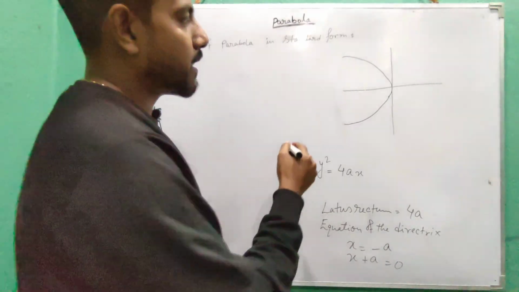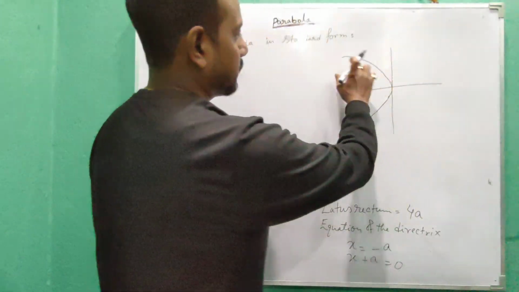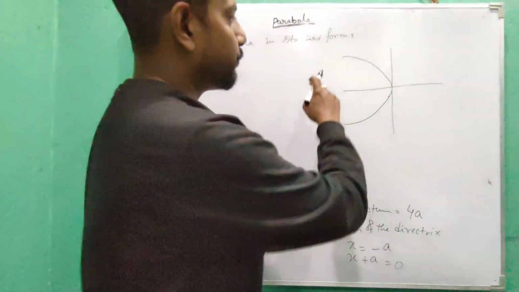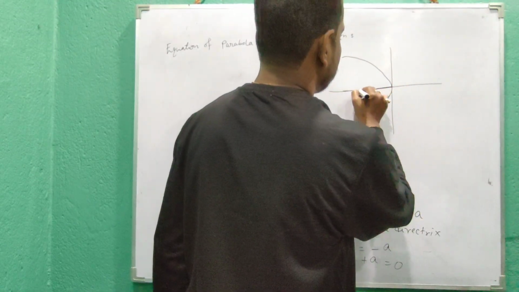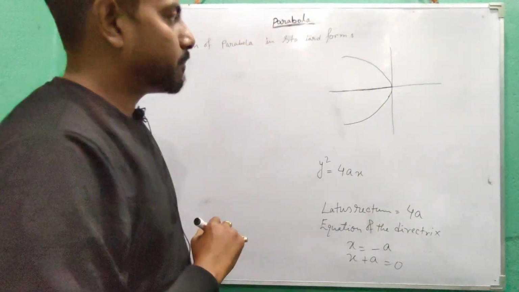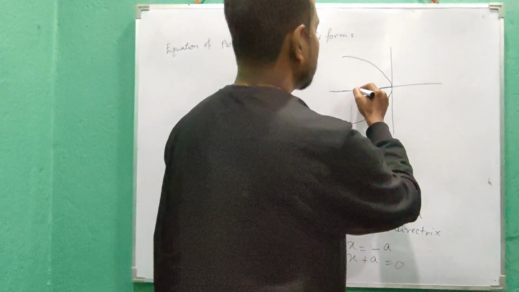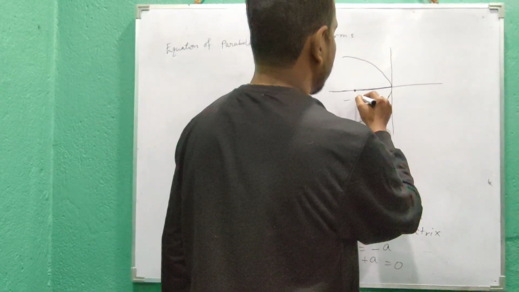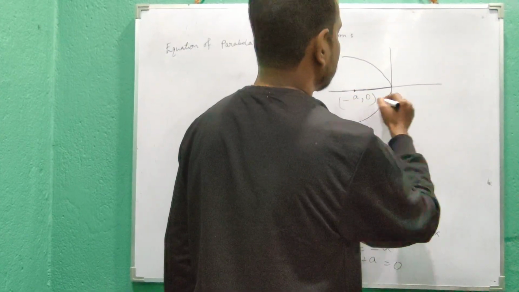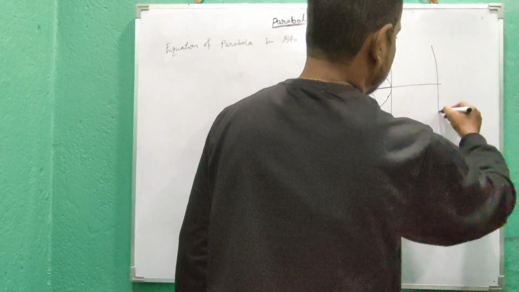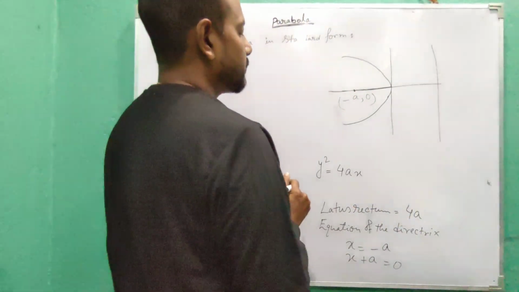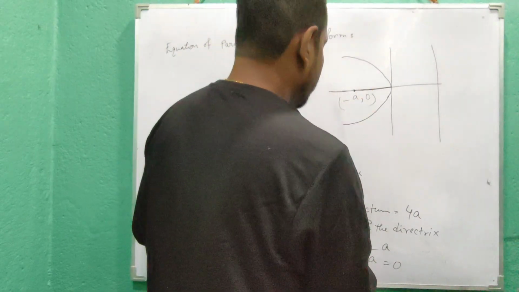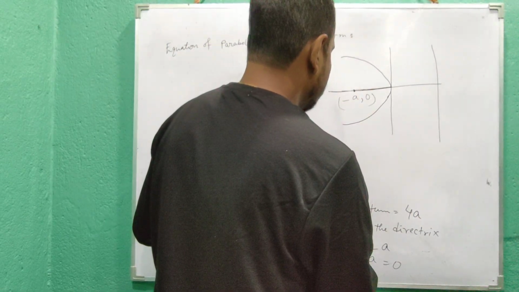Now, if the parabola is in this form, that means the negative x-axis is the axis of the parabola, then the focus will be at minus a comma 0, and the directrix will be here. So, the equation of this parabola will be y square equal to minus 4ax.